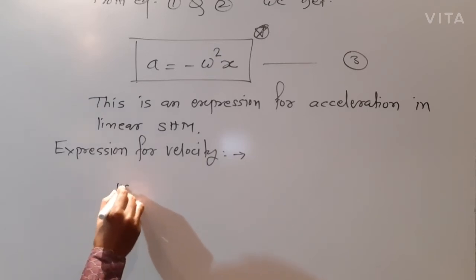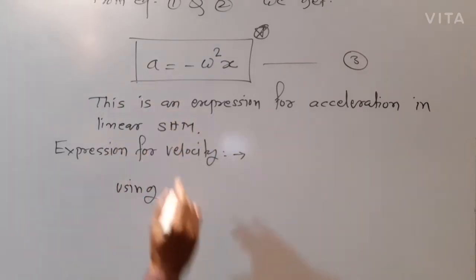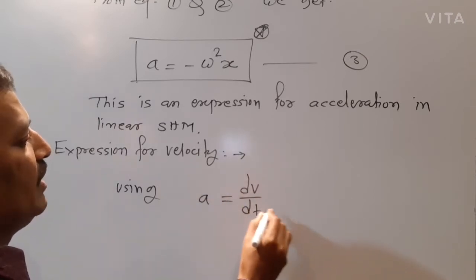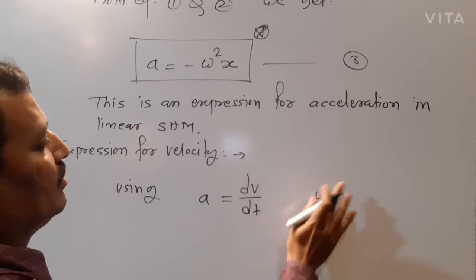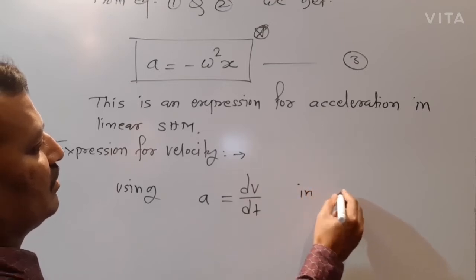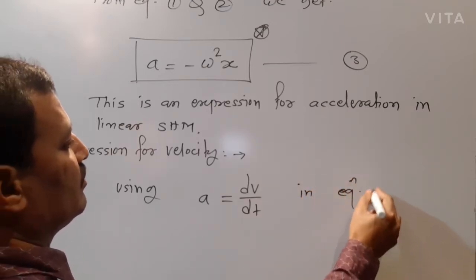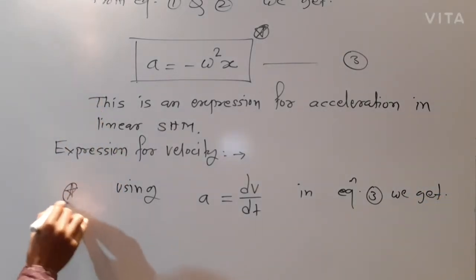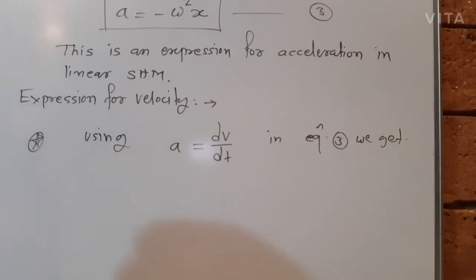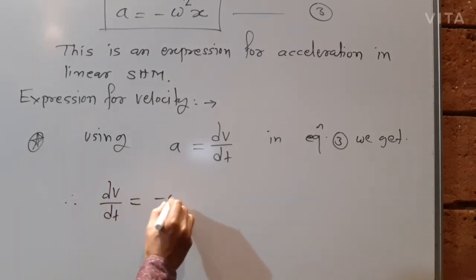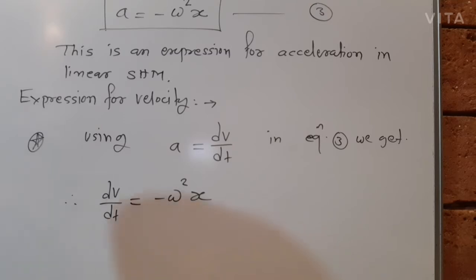So using a is equal to dv divided by dt in equation 3, this is the important step, so denote it as a star point. And therefore dv divided by dt is equal to minus omega square x.